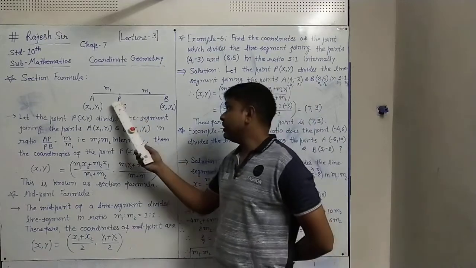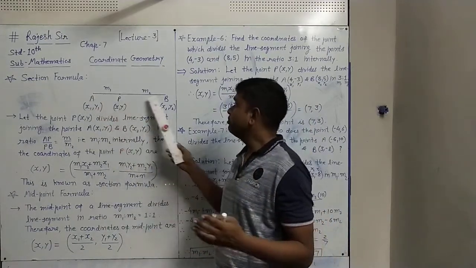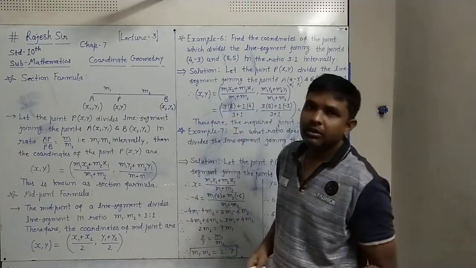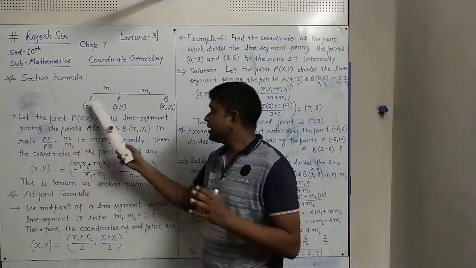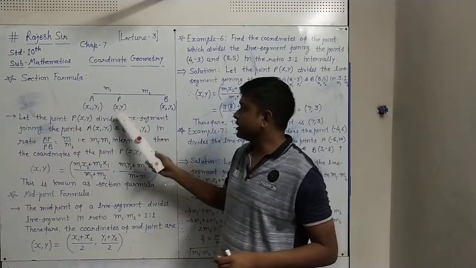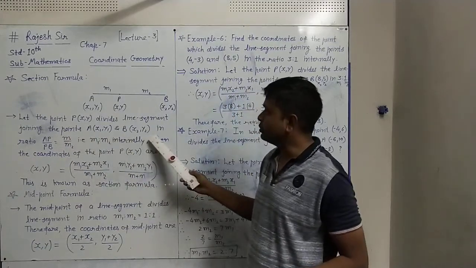By this point P, AB is divided into two parts, AP and PB. The point P(x, y) divides the line segment joining the points A(x1, y1) and B(x2, y2).